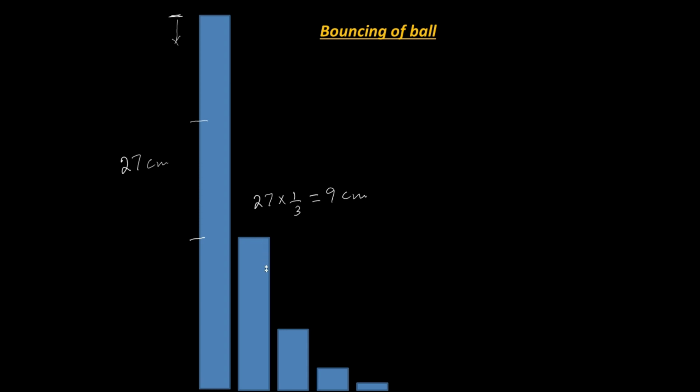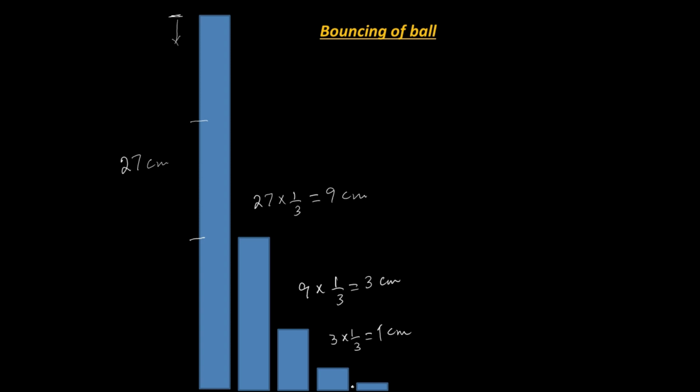Again it comes back to the floor, strikes, and comes up to the height 1/3 of the second height, which is 9 multiply 1 by 3, and this comes out 3 centimeter. Again it is dropped from the third height to the floor and it comes up to the height 1/3 of the third height, which is 3 multiply 1 by 3, equal to 1 centimeter.